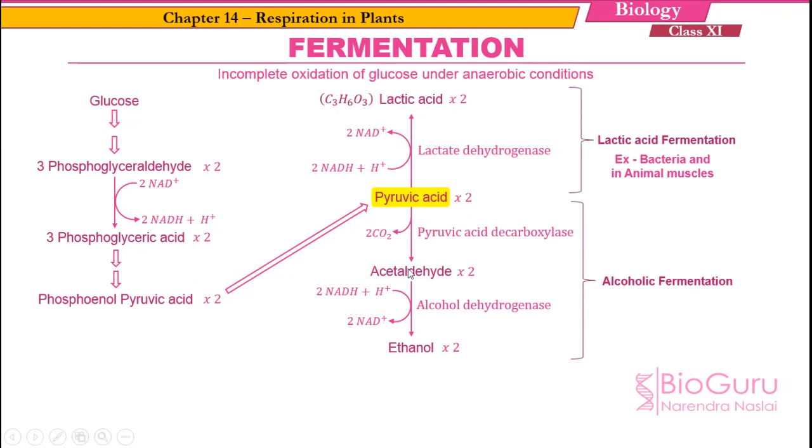Here the glucose is converted into ethanol in alcoholic fermentation, whereas the glucose is converted into lactic acid in lactic acid fermentation. Alcoholic fermentation, for example, is seen in yeast, right? Yeast consume the glucose and produce alcohol, that is ethanol.